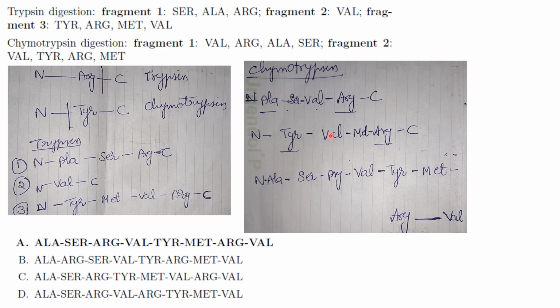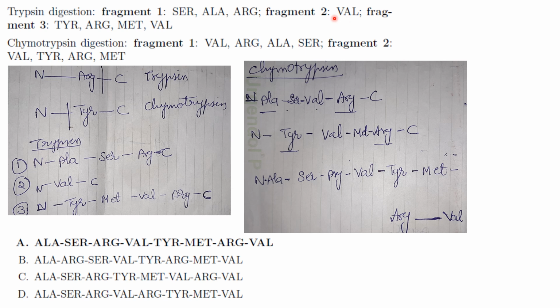And since valine is coming at the C terminus, valine will be at the C terminus. So valine I put here, tyrosine I put here, then methionine and arginine I write randomly. Now you got the first sequence, alanine, serine, arginine, that I put here.